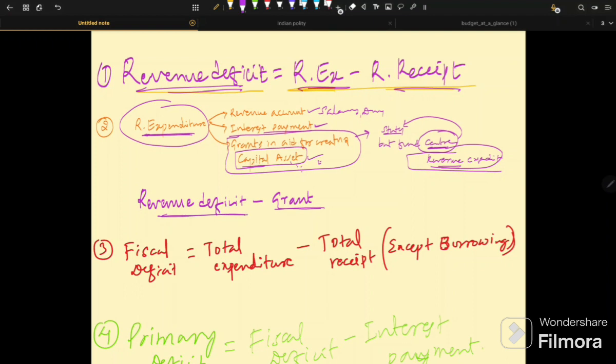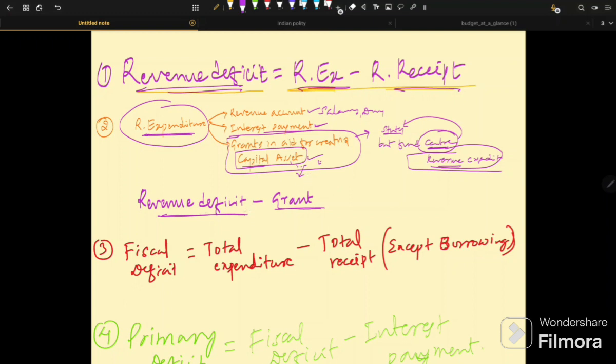Why are we removing it? Because the revenue deficit, what we learn from it, is the deficit because of what? Just for administration purposes, not for creating any asset, but this is creating the asset. That's why we remove this part from the revenue deficit.